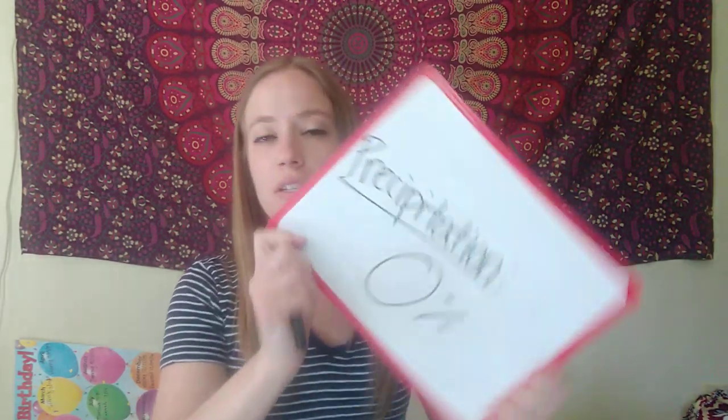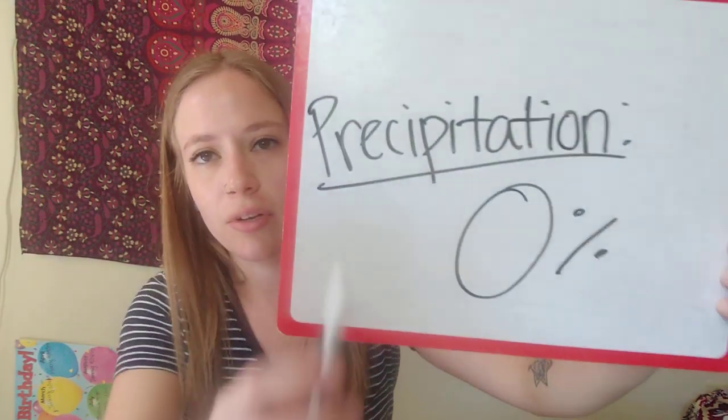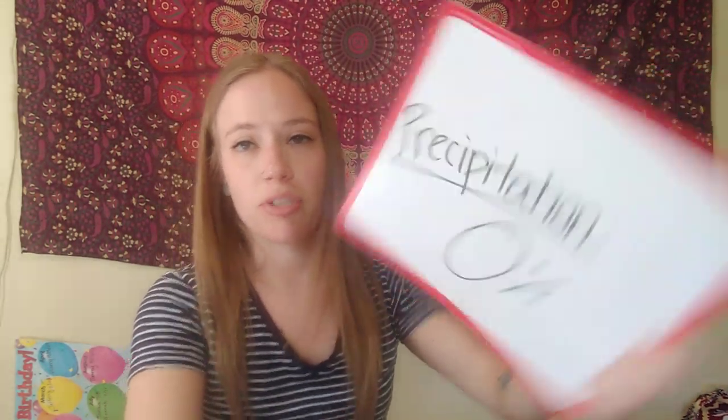So we have precipitation, and 0%. So our blue line is correct. So we have a 0% chance of precipitation today, and that also makes sense since there's no clouds in the sky, and that's what holds our precipitation.